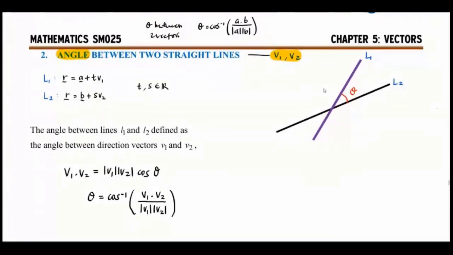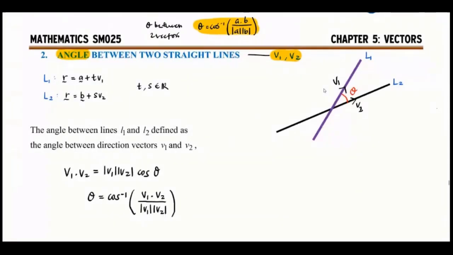Okay, so we have line 1, which is R equal to A plus T V1, and line 2, R equal to B plus S V2. T and S are scalars. From these two lines, we get the direction vectors. Sorry, this one should be V2, this one should be V1. So by this concept, we replace A and B with V1, V2.